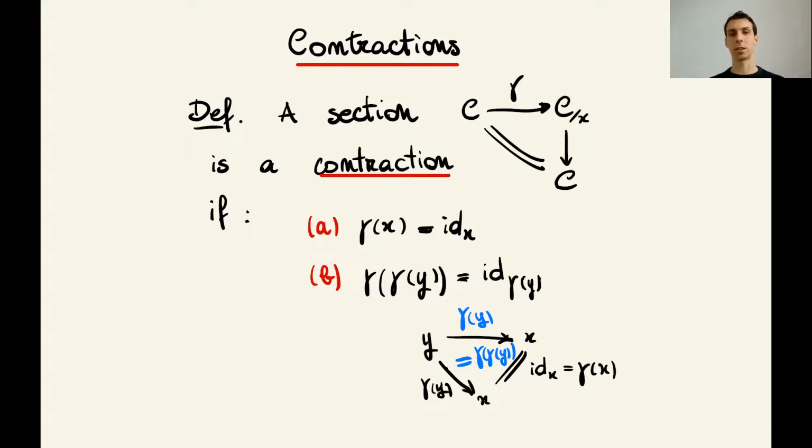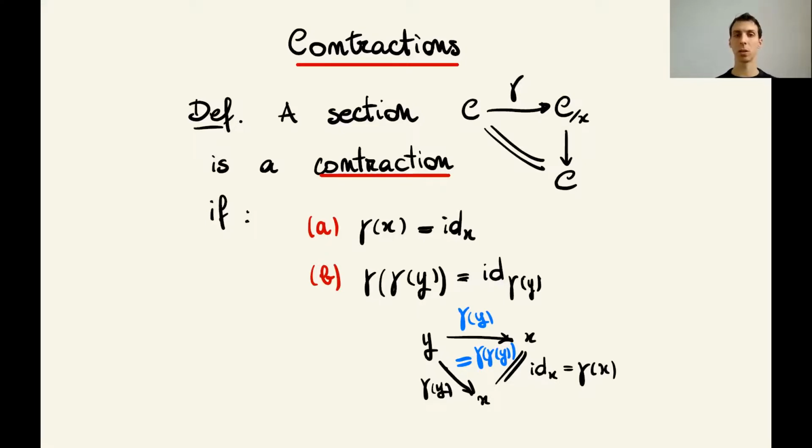So for each object Y in C, gamma maps this object Y to something in the slice, a morphism from Y to X, here denoted by gamma Y. But we can apply gamma to this one arrow and get a two arrow in C. So the other condition says that if you apply gamma twice, essentially, gamma to a one arrow that is already obtained by gamma, what we get is an identity. This is the two-categorical layer.